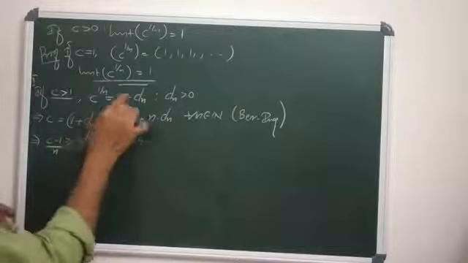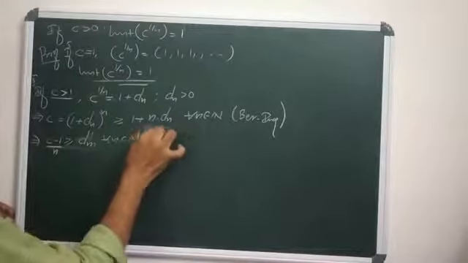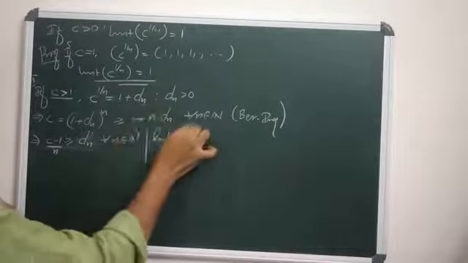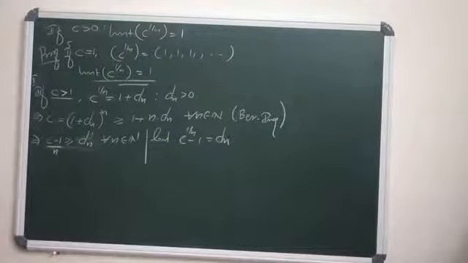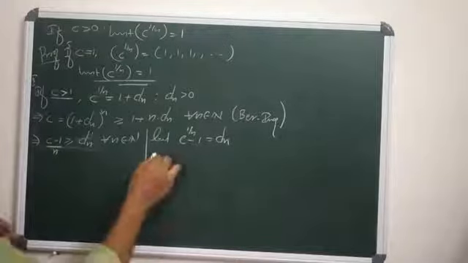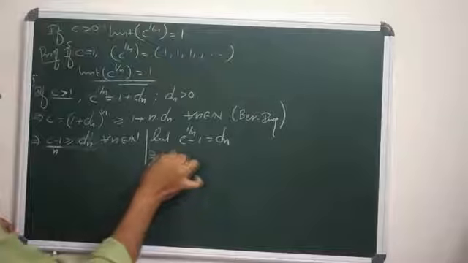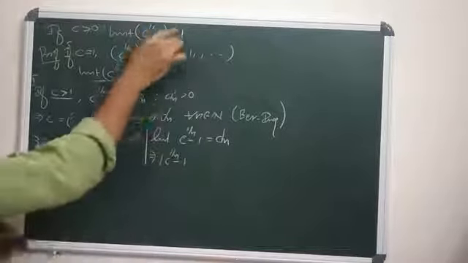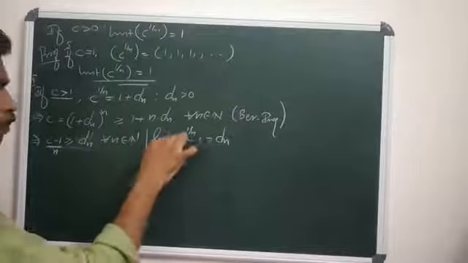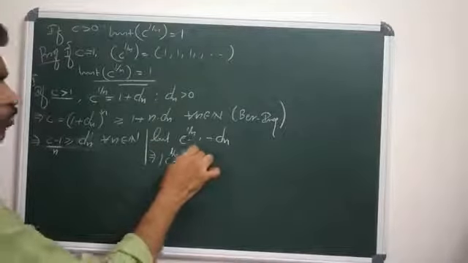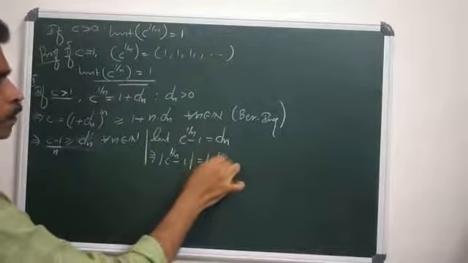But from here, c power 1 by n minus 1 equals dn. Our requirement is to show that the limit of c power 1 by n is 1. So consider modulus of c power 1 by n minus 1, which equals modulus of dn.